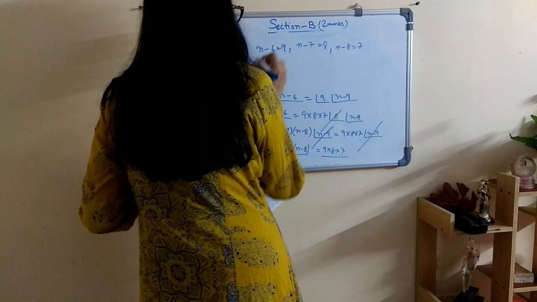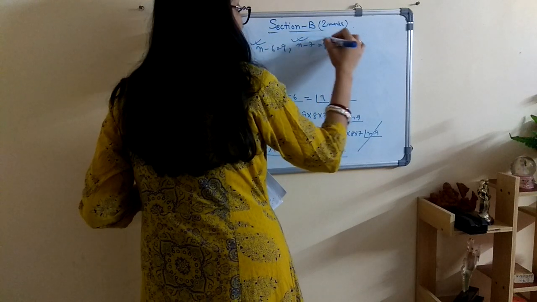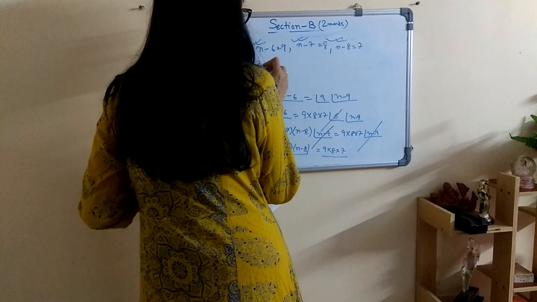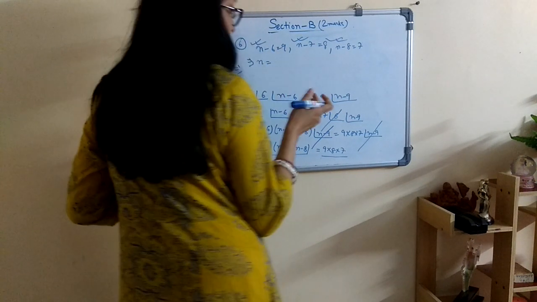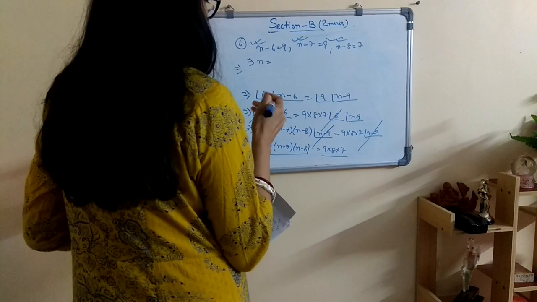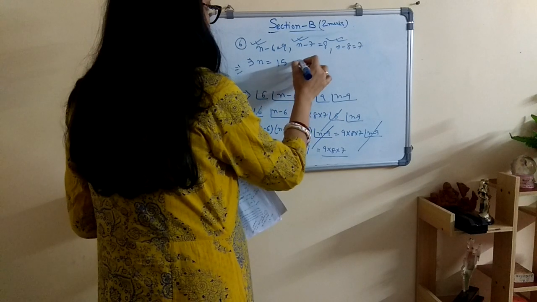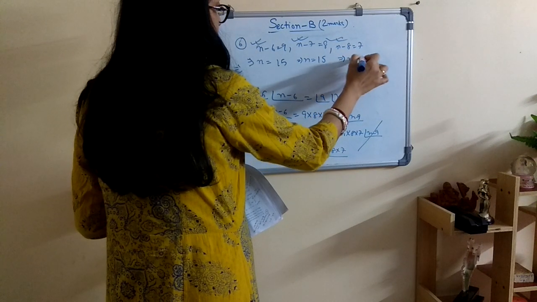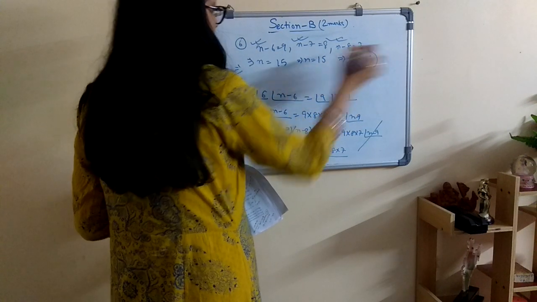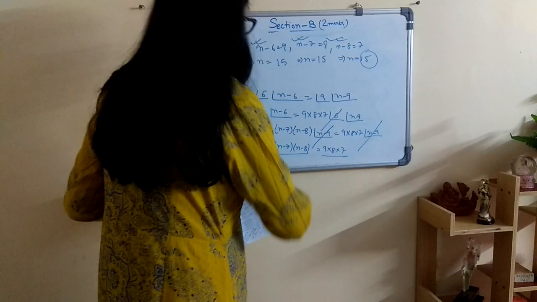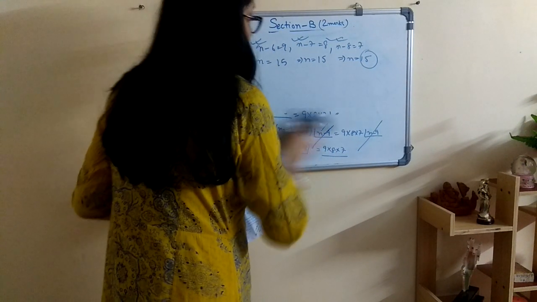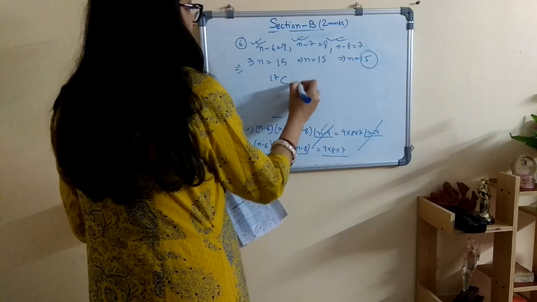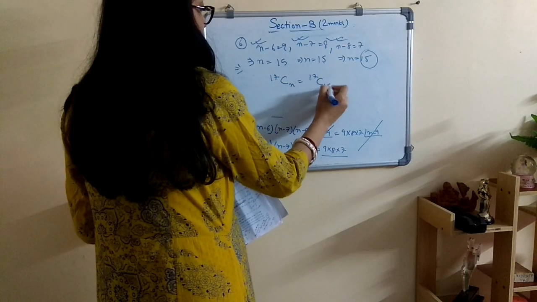Whichever factor we choose, the value of n will come out to be 15. For every factor it will come out to be 15. So now we have got the value of n. So easily we can find the value for 17Cn, which means 17C15.